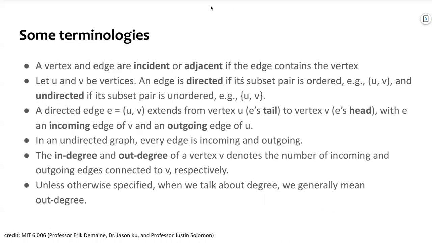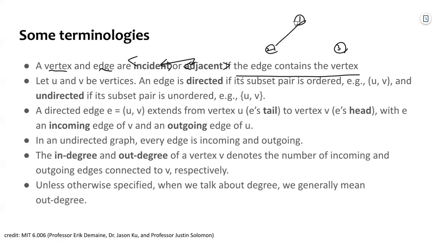And there are some terminologies, and I'm going to explain each terminology. A vertex and edge are incident or adjacent. They talk about the same property if the edge contains the vertex. So let's say we have node 1 and node 2 and node 3.